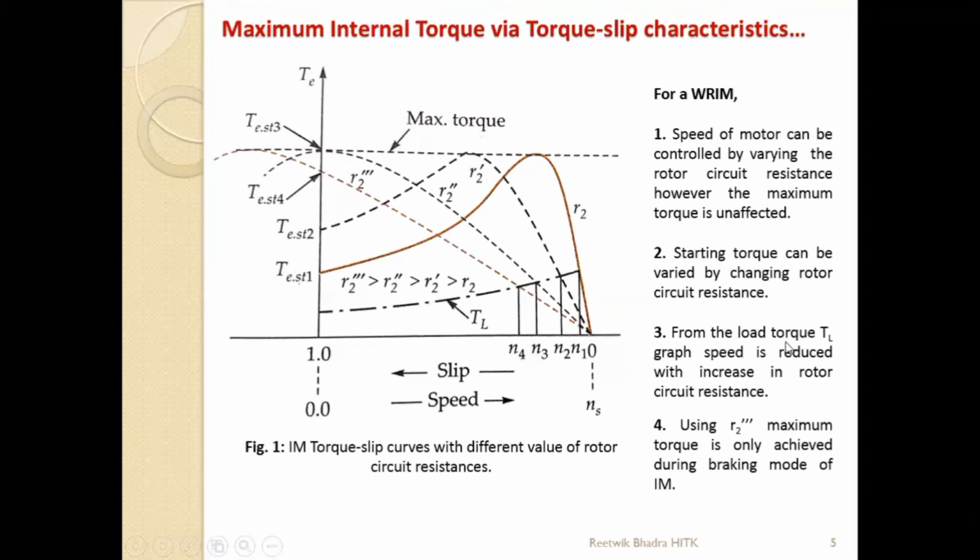Load torque TL graph is reduced with an increase in rotor resistance, so it is a little bit reduced as you increase the load value. Up to R2 triple dash, we get the maximum torque in braking mode only. So you don't choose R2 triple dash in motoring mode. This value of resistance will be chosen when we are operating the induction motor in braking mode only.